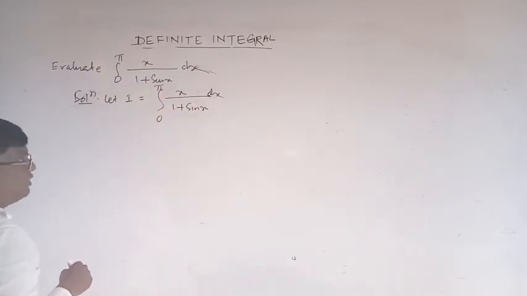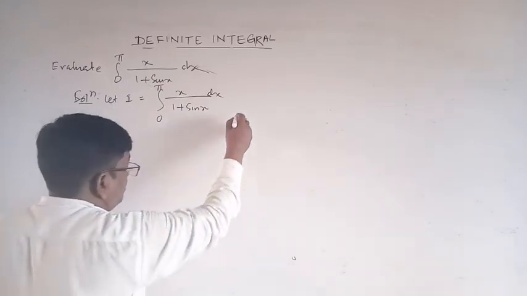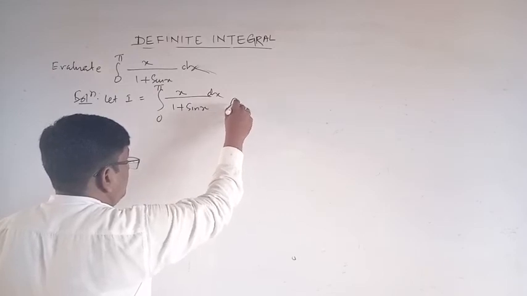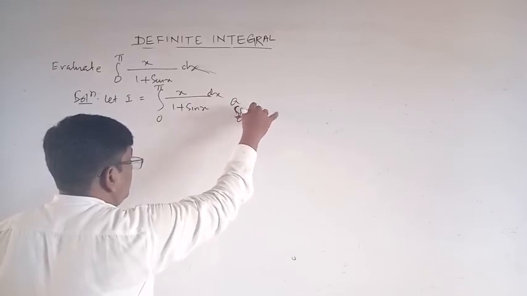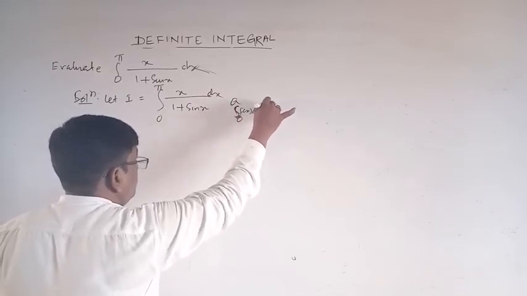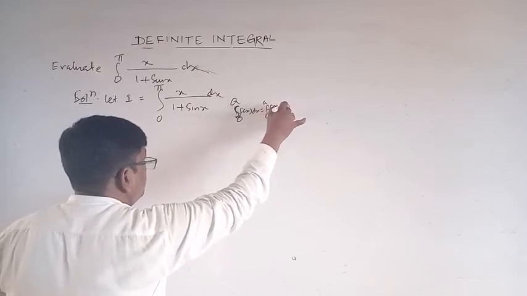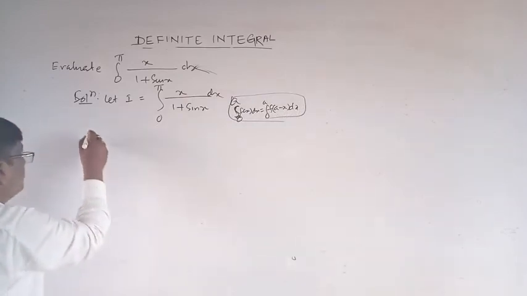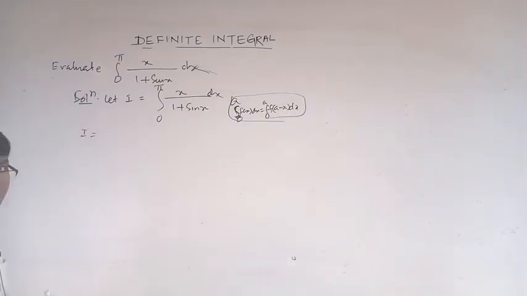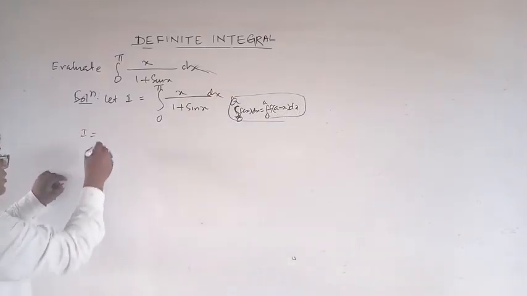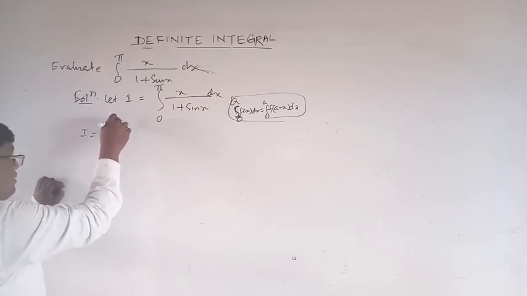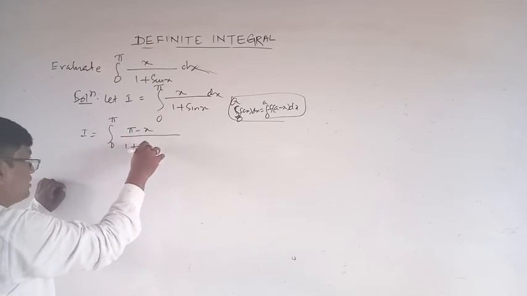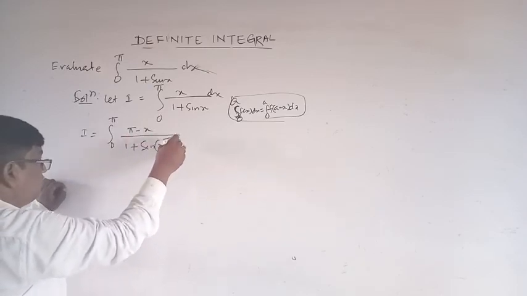Apply property, which property? Integral from 0 to a of f of x dx is equal to integral from 0 to a of f of a minus x dx. Apply this property. So I is equal to integral from 0 to pi of pi minus x divided by 1 plus sin of pi minus x dx.